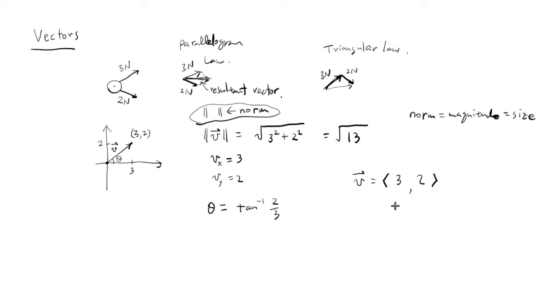Some books would just put 3, 2 with parentheses and use the words points and vectors interchangeably, because after all, from a purely math perspective, a two-dimensional vector is just two numbers where you have this additional property that you can add things or subtract things or multiply by a single number. Those are called vector operations. I'll explain a little later.